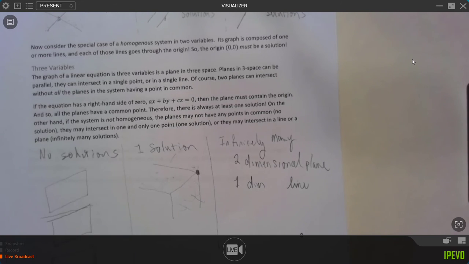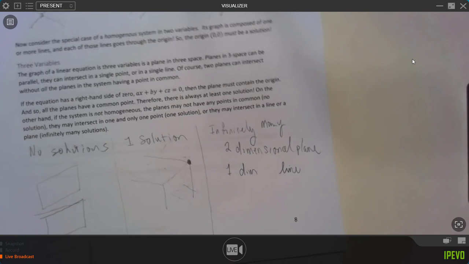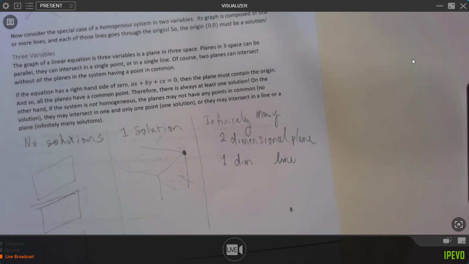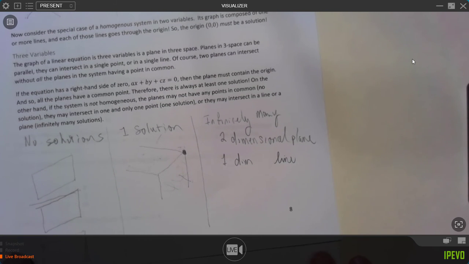Now, when we're calculating and not trying to imagine shapes, there's no reason that you have to stop at 3 dimensions, right? You could have 17 variables. And if you have 17 variables, it's possible that you could have a hyperplane of, say, 5 dimensions, where every point in that hyperplane is a solution to the system.